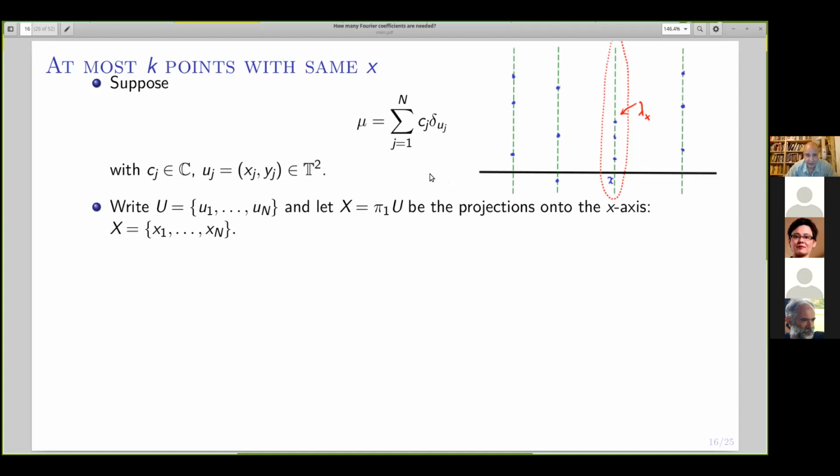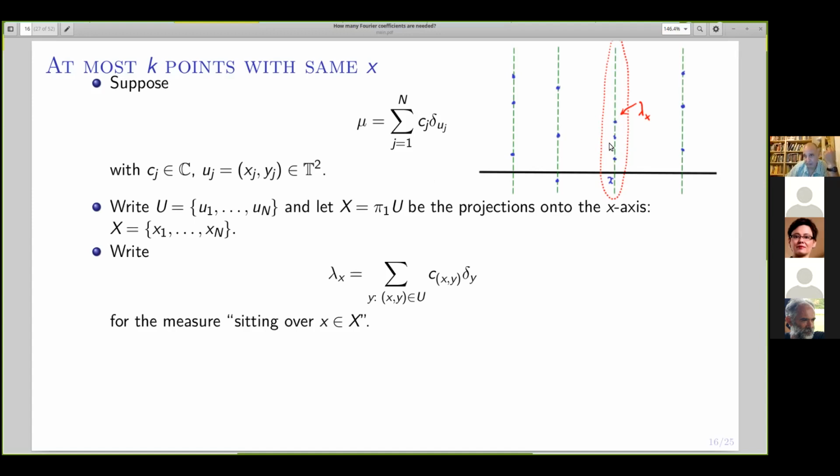So the same notation as before. U is everything in the 2 dimensions, and capital X is the set projected onto the x-axis. And now we're going to have a measure sitting over each x. So we'll look at the line going through x, and we're going to have k points here and some coefficients on every point.